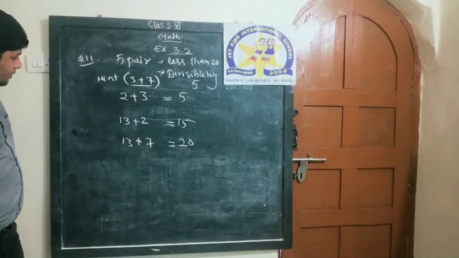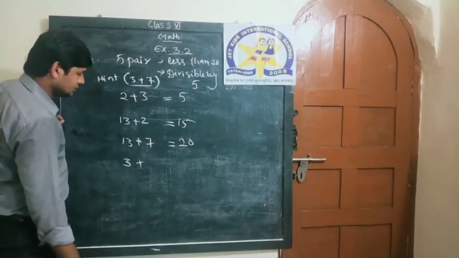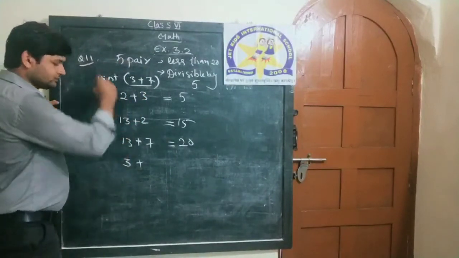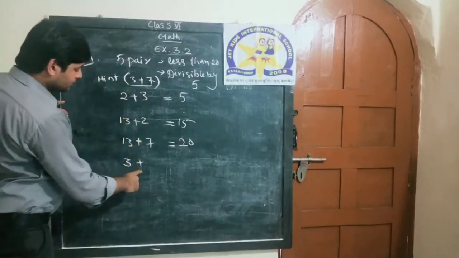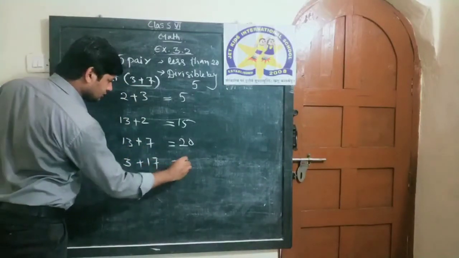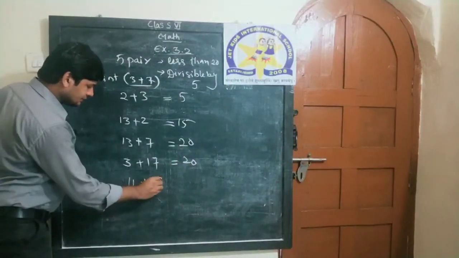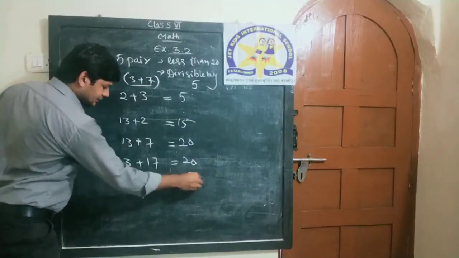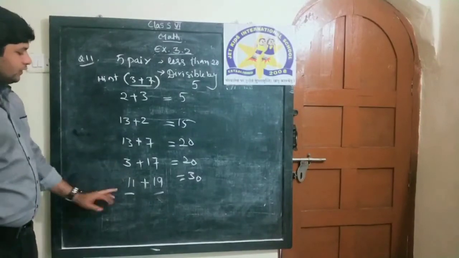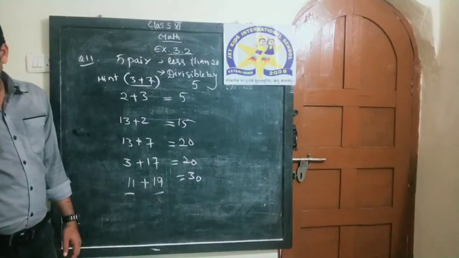Then 3 plus 17. These two numbers should be less than 20. Next thing is 11 plus 19, that is 30. Both are less than 20, and both are prime. So 1, 2, 3, 4, 5. You can make your own 5. Clear.